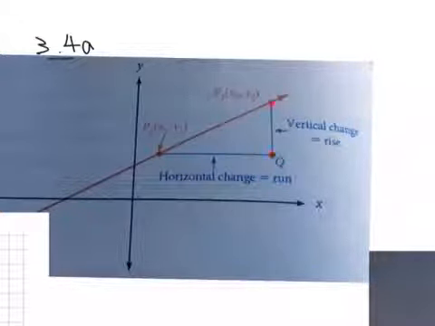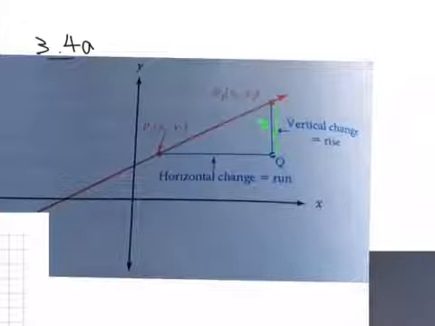So that's called the vertical change. The distance from here down to the next dot, another dot on the line, that distance is our vertical change. And let's just say, for instance, it's 8. I'm just grabbing a number there, that distance between here and here is 8.